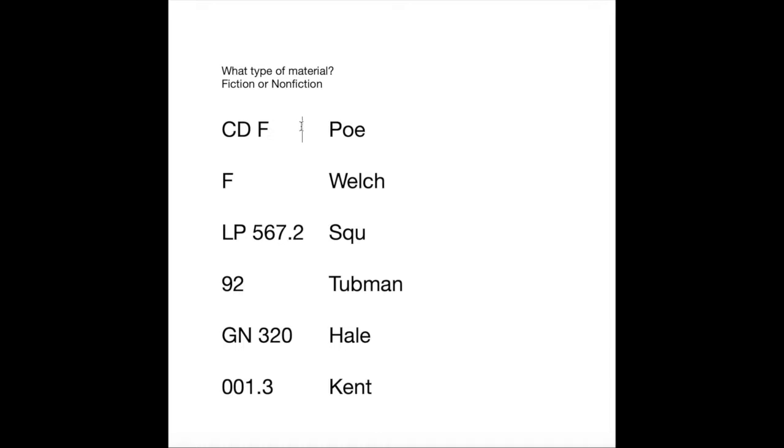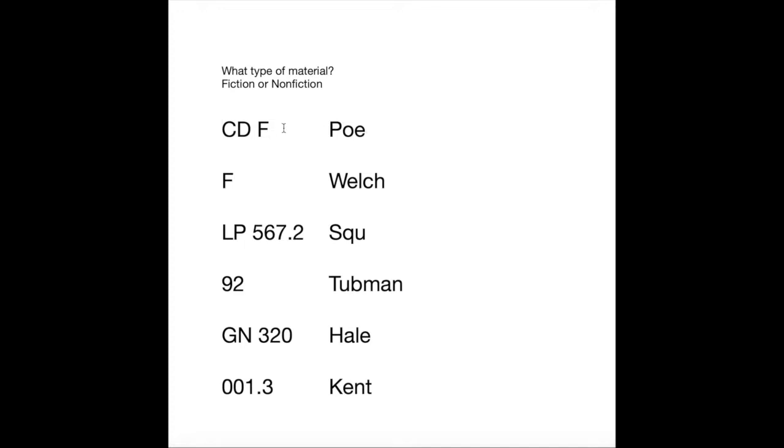So this is the first part of a call number. The second part of a call number is the author's last name. That's it. It's really easy to remember. Okay? So you have to have both parts of a call number to make it be a complete call number.